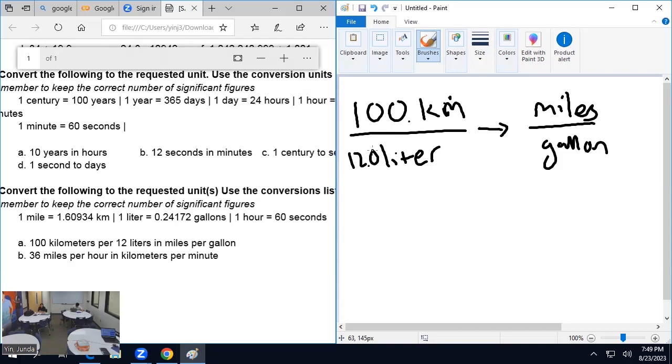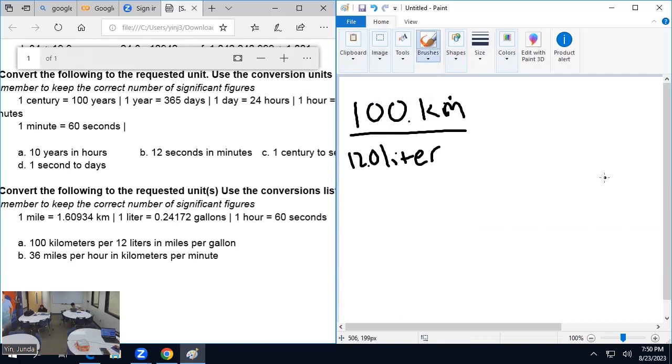Okay, so I got 100 kilometers over 12.0 liters, right? So 12 kilometers times 1.60934 miles over 1 kilometer. You're going to have to write it out because it's kind of confusing.